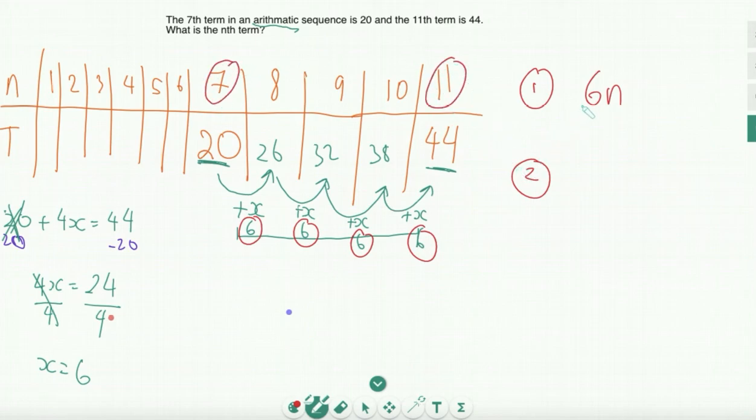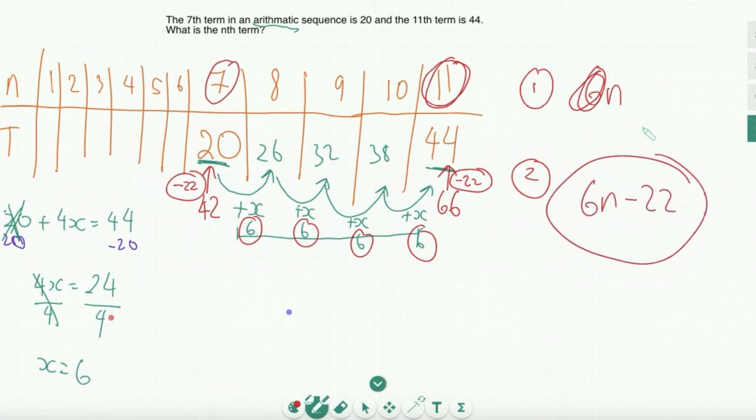So we're going to multiply 6 by 7, which makes 42, and 6 by 11, which makes 66. Now, how do we get from 42 to 20, and how do we get from 66 to 44? For each of those, we subtract 22. So therefore, our nth term is 6n minus 22. And that's our answer, guys. And we're all set for this topic.